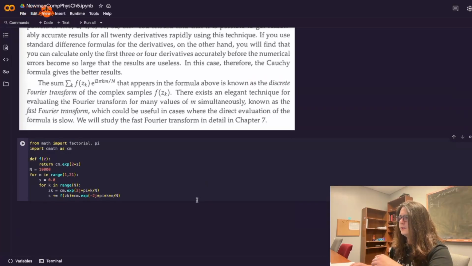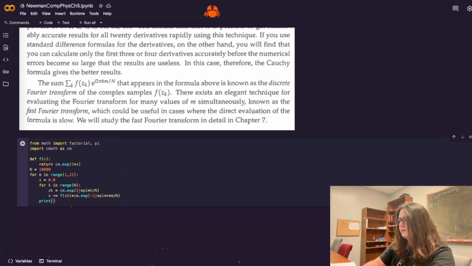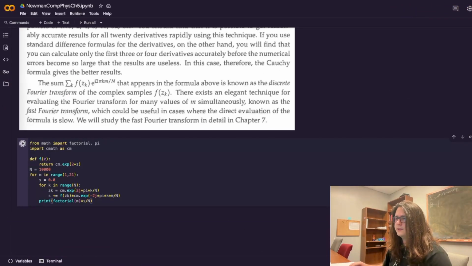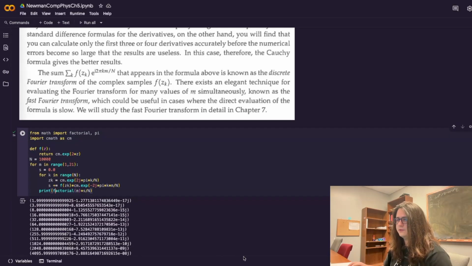So, okay. Now that we have the sum, we can have it print out the value of the derivative as being the factorial of m times the sum divided by n. And we should get the first 20 derivatives of e to the 2z evaluated at z equals 0.